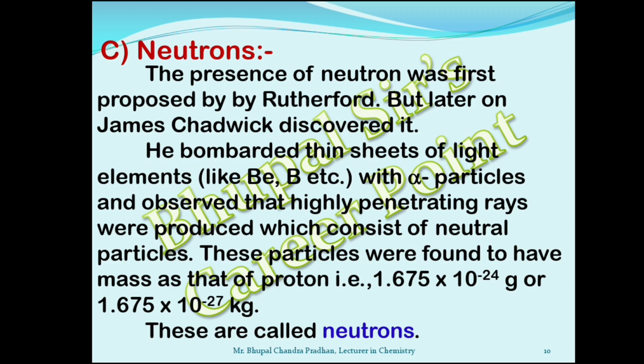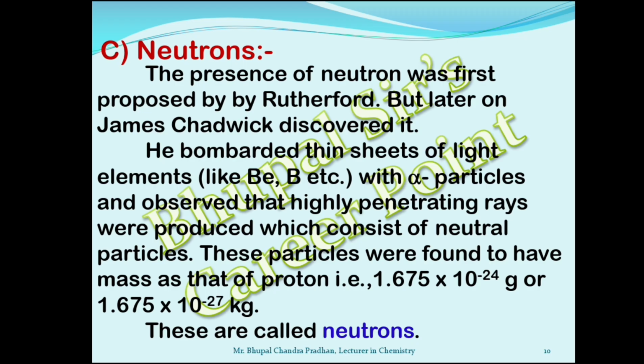The mass of the atom should be equal to the mass of the protons and the electrons, but it is found that the atom is twice or more than twice the mass of the protons. We conclude there must be a neutral particle present in the atom. So he discovered the neutrons as follows. He bombarded sheets of light elements with alpha particles and observed that highly penetrating rays were produced, which consist of neutral particles.